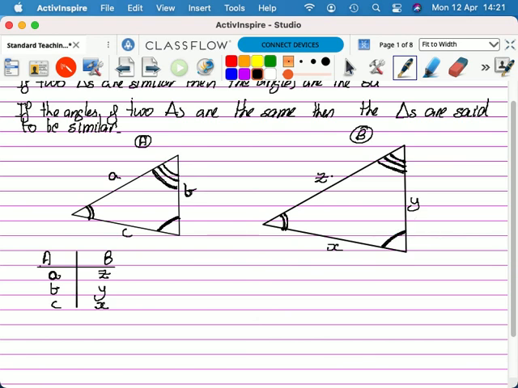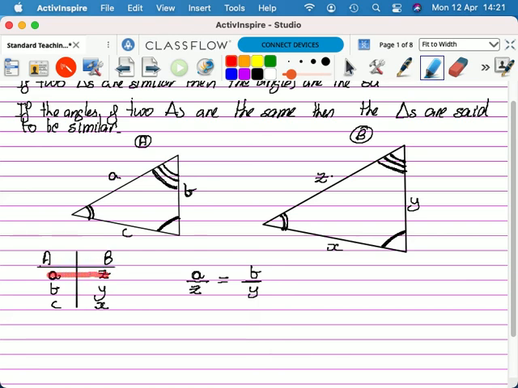Now, there's a theorem on your course which you do not have to prove. In fact, the proof of that theorem doesn't present itself to you until you get to your Leaving Cert year. And the theorem states that if you divide A by Z, then that's going to be equal to B divided by Y. So what you're doing is you are reading across the table.